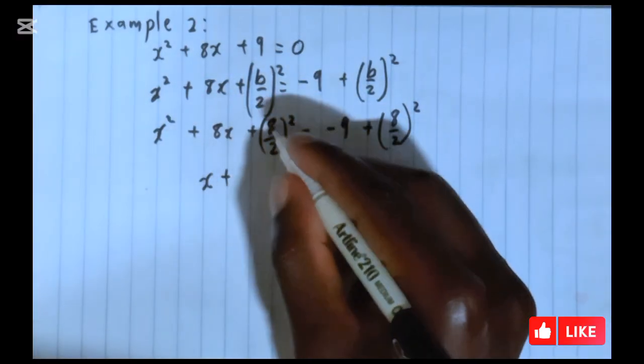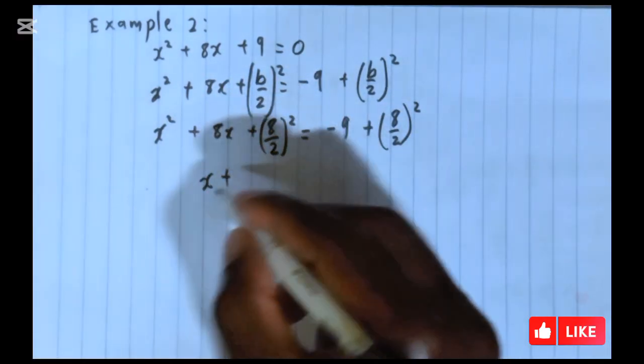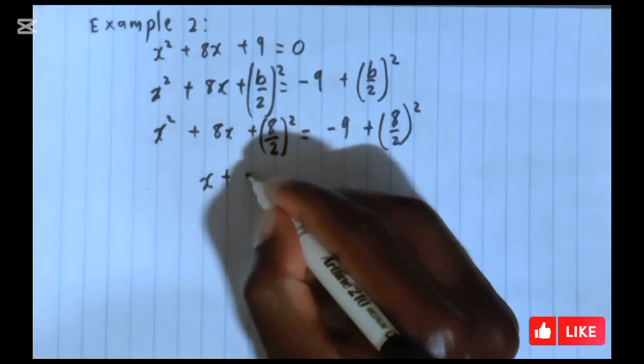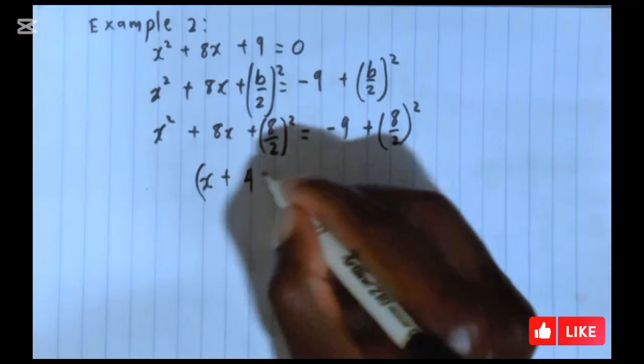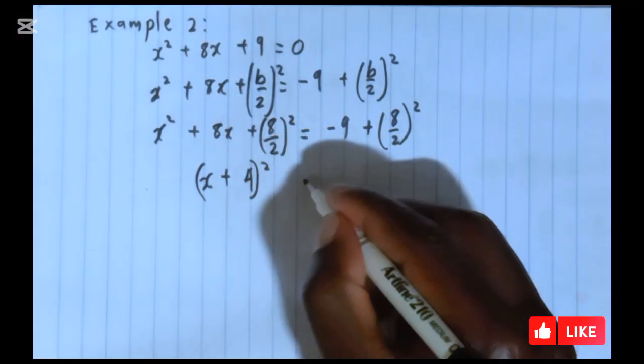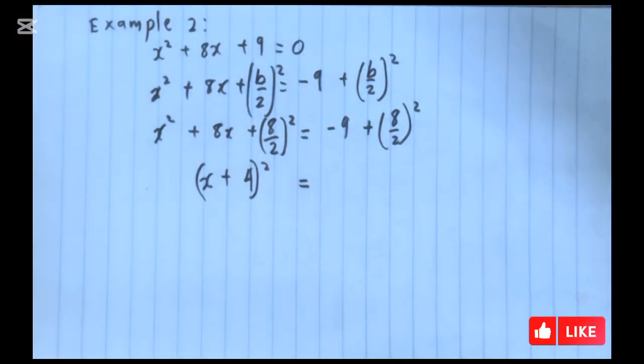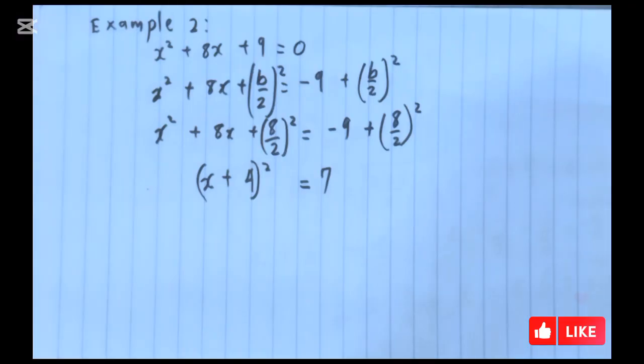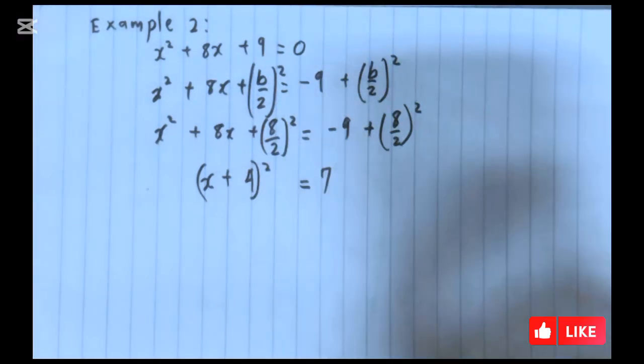So we have x plus 4, all of that squared. On the right-hand side we have negative 9 plus 4 squared, which is negative 9 plus 8 all over 2, which is 4, and then you square that.